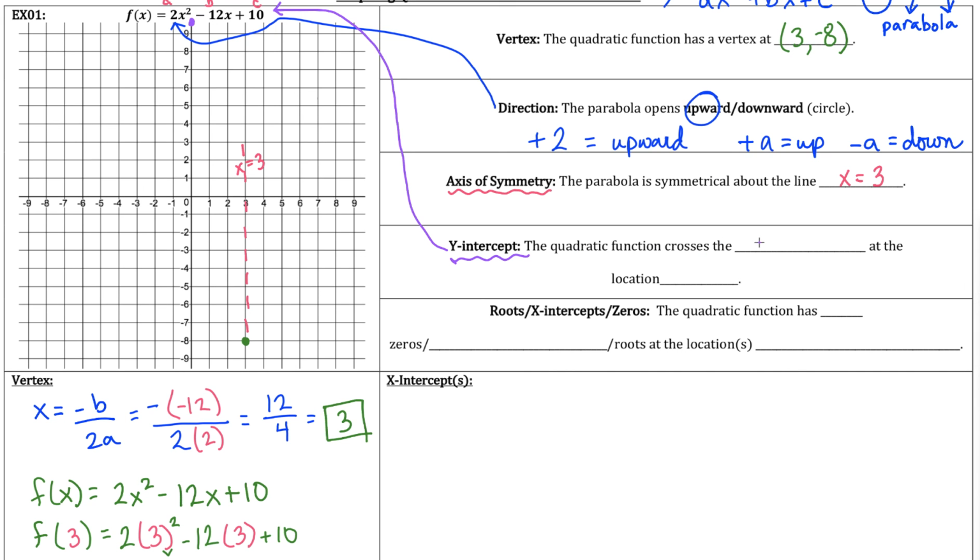So the quadratic function crosses the y-axis at the location 0, positive 10. And over here, I'm going to put that plus 10. C equals 10. Remember that's c.